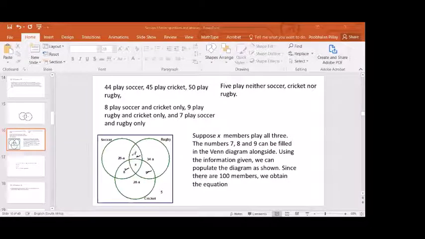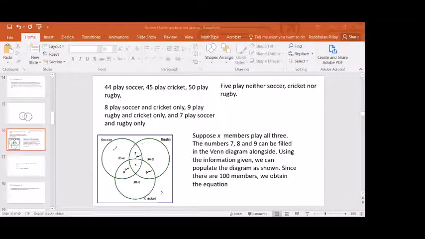Okay. So now we have 7, X and 8. And we also know that 44 people play soccer altogether. So altogether in the circle here, you've got 44. If you add up all these different numbers, you're going to get 44. But you already know 3 of them, 7, X, and 8.